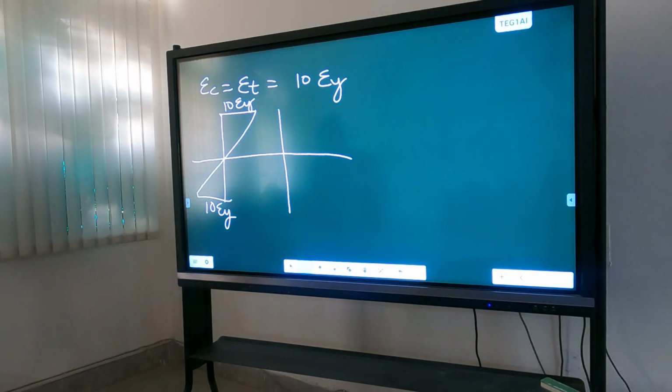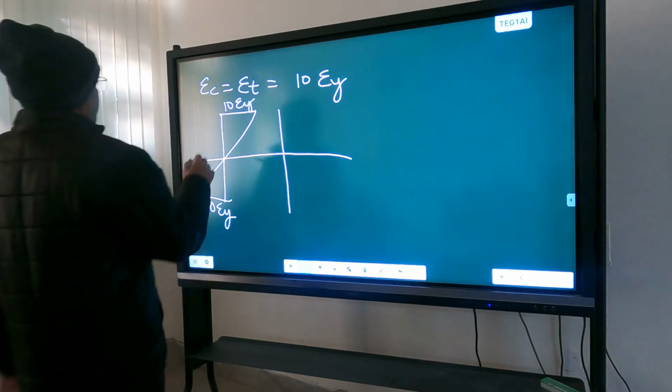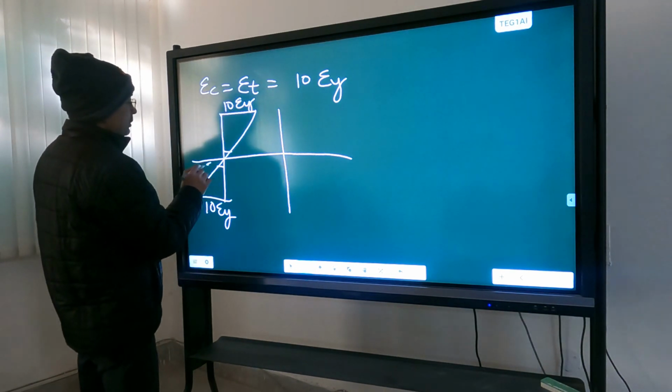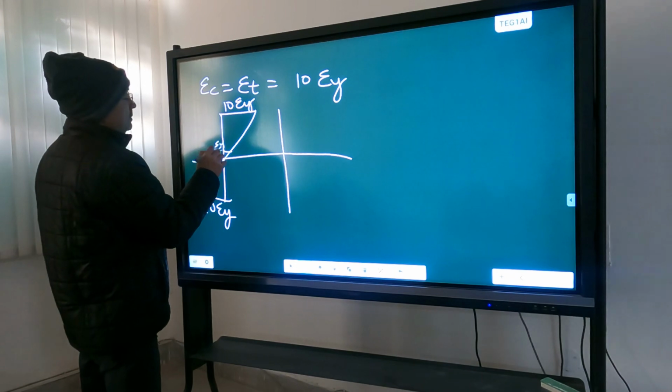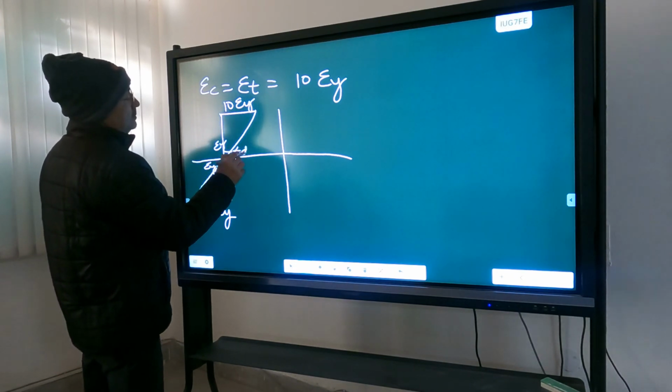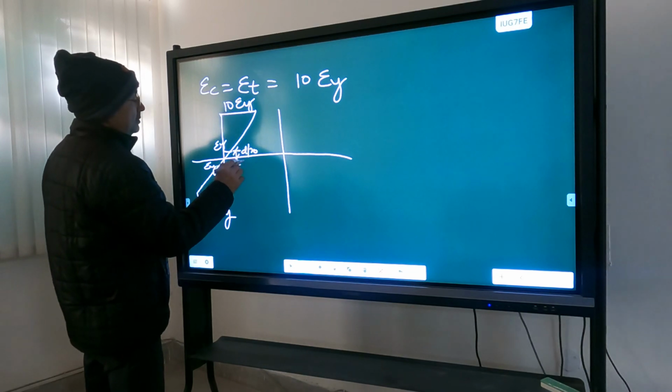So calculate at what distance from the neutral axis the strain will be equal to epsilon y. So this epsilon y will occur at d by 20.